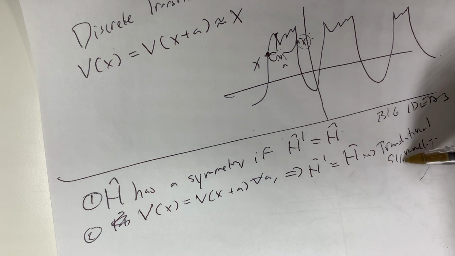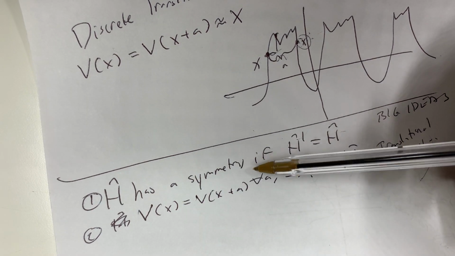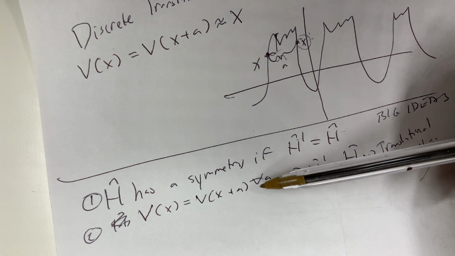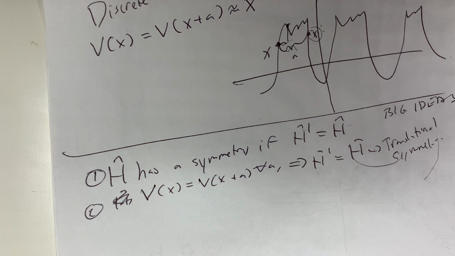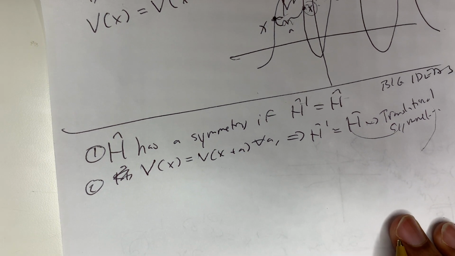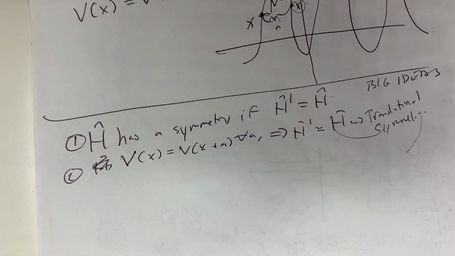Well, it's a translational symmetry, and we get that symmetry if you have a continuous translational symmetry of the potential. And from this, we can show an amazing, spectacular result.